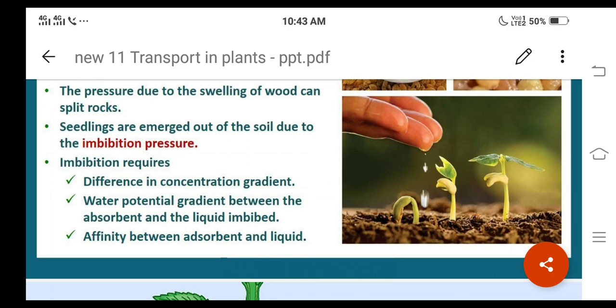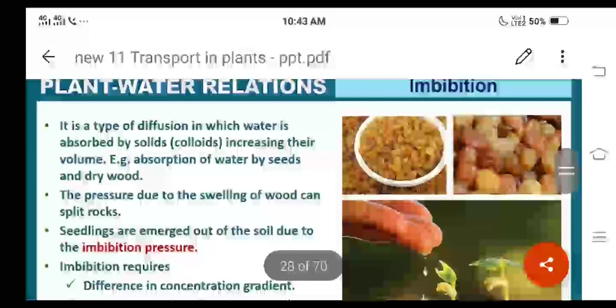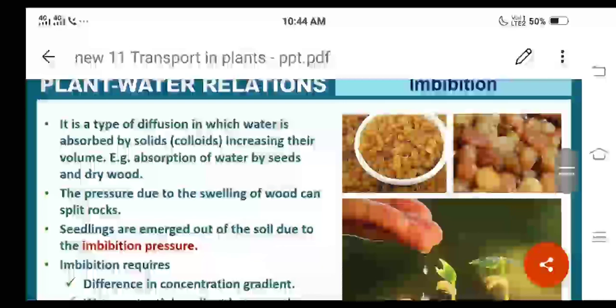And one more example we can give here. When you soak some raisins, or dry grapes, in water during night time and observe them early morning, they show swelling. It is due to imbibition only.